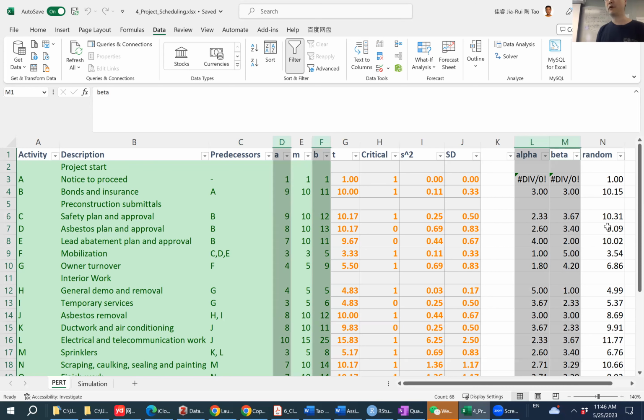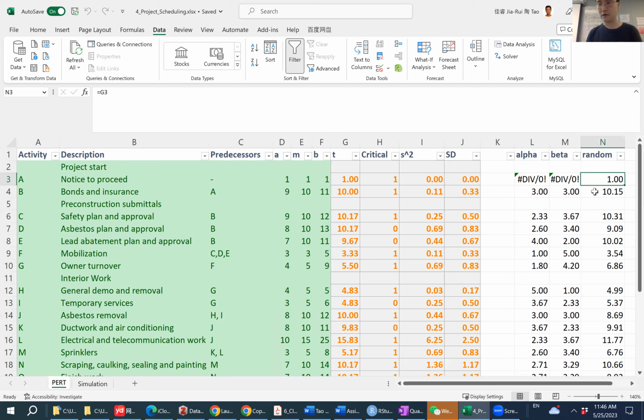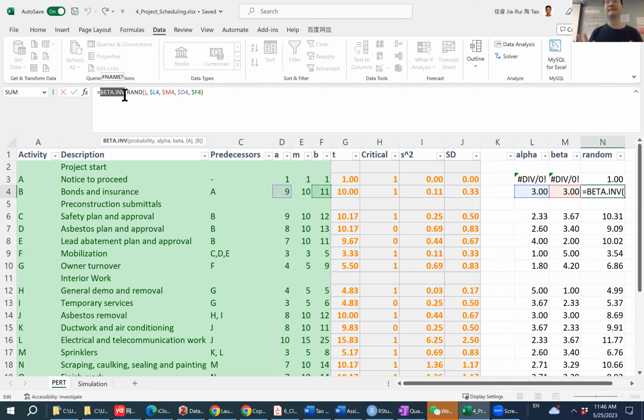So using these 4 parameters, I was able to generate random numbers based on a defined beta distribution. I used the formula that's beta inverse, given a random number between 0 and 1 and all the 4 parameters. It returns a number that's beta distributed.